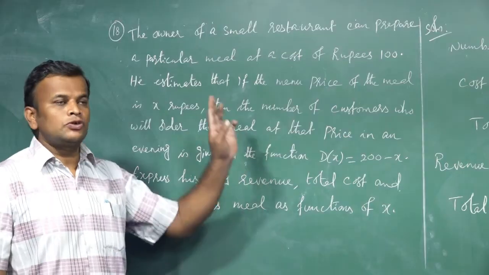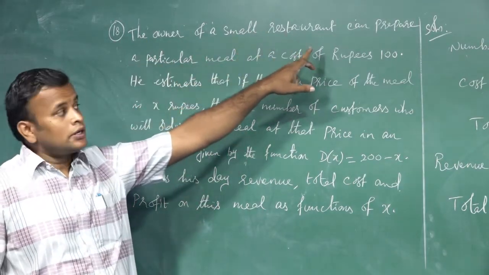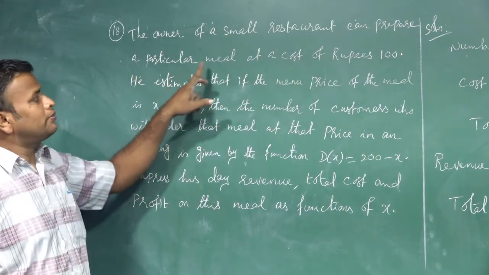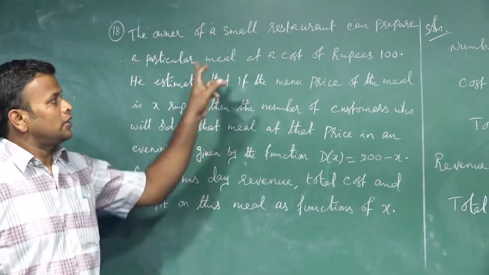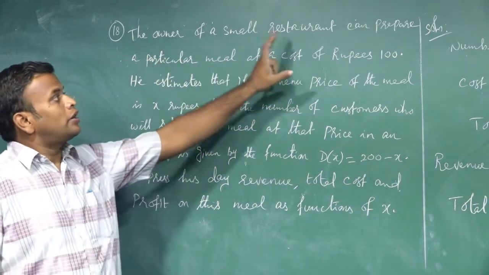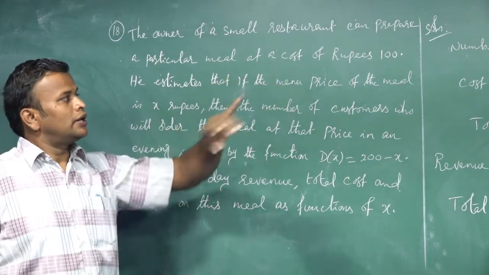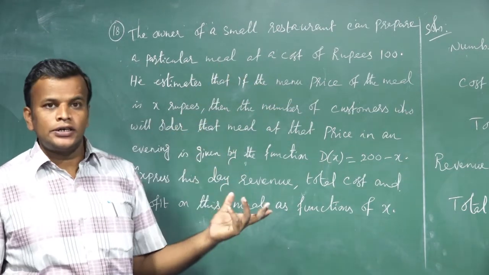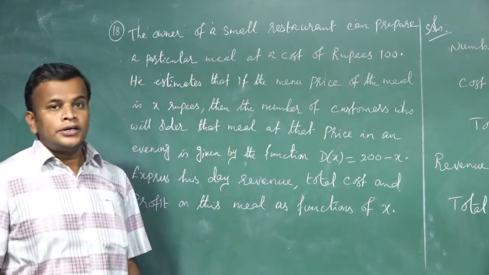62.115x. The next question is, the owner of a small restaurant can prepare a particular meal at a cost of rupees 100. Okay, a small restaurant can prepare a lunch, a particular meal, for rupees 100. That is, the cost price is 100.